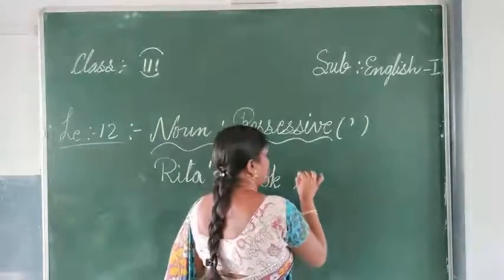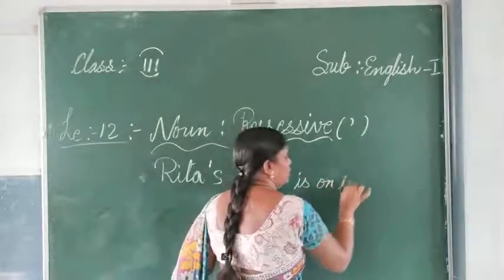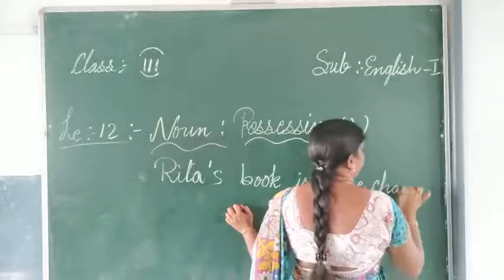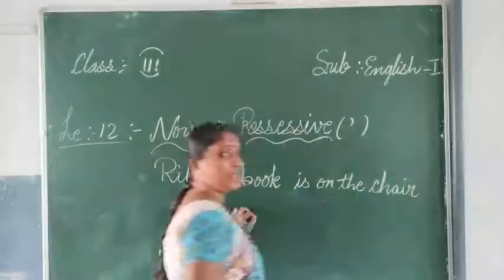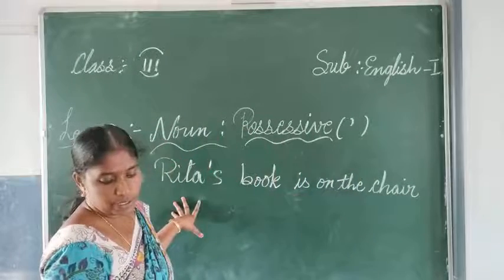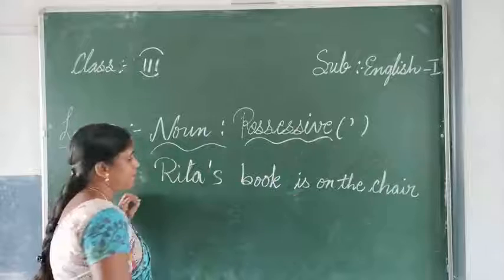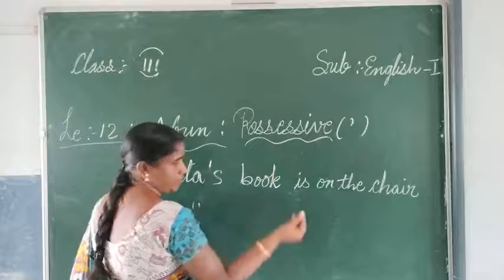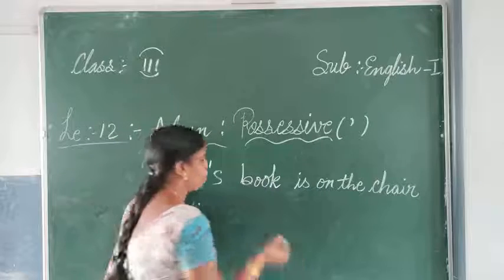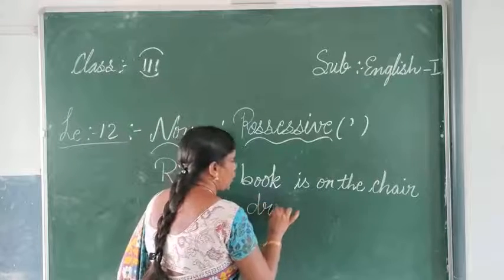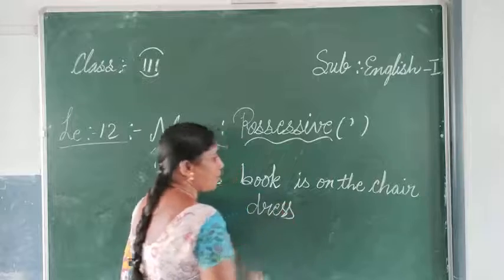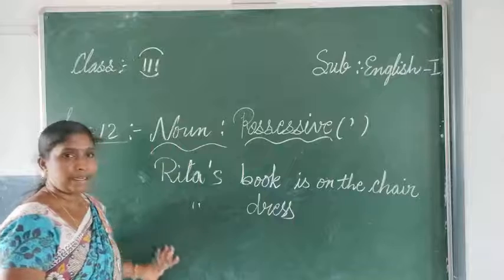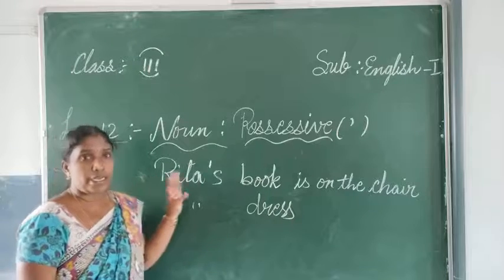Rita's book is on the chair. The next one, Rita's, what again? Rita's, whatever it comes, a dress or a bottle, whatever. All these things they have mentioned here. What have they mentioned? Rita only, or Rita's?